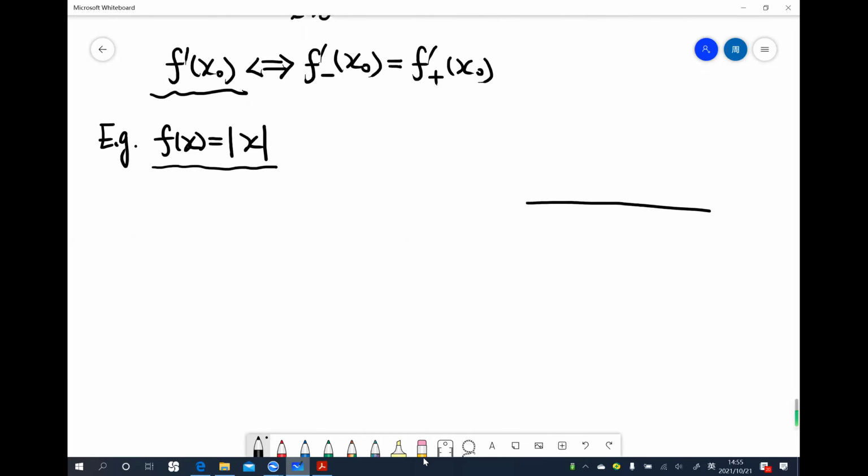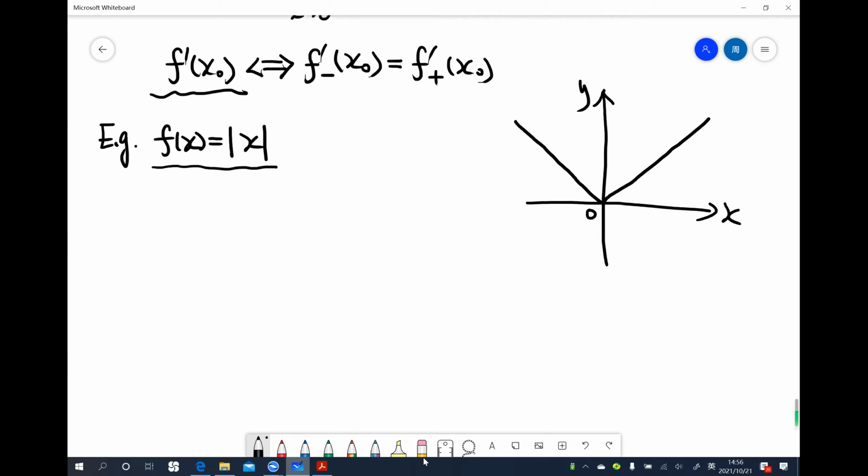That means if you draw the graph of this absolute value function, it is like this. As you can see, there is no hole on the line, so it is a continuous function.